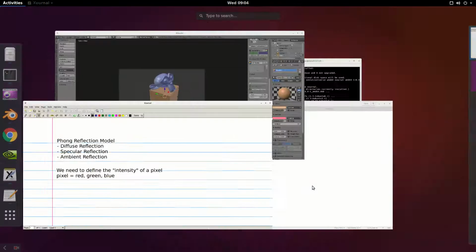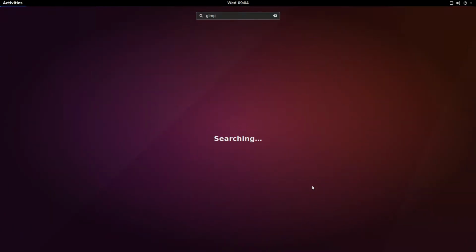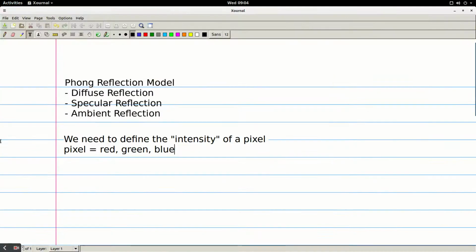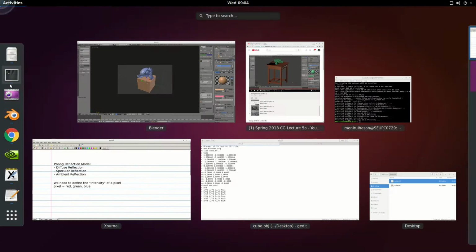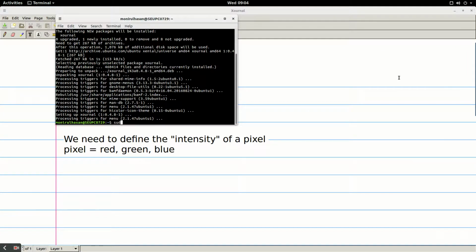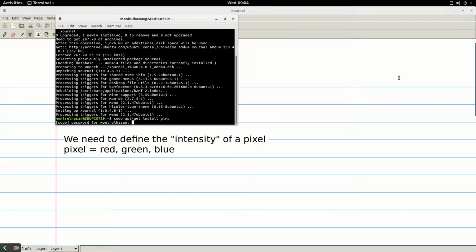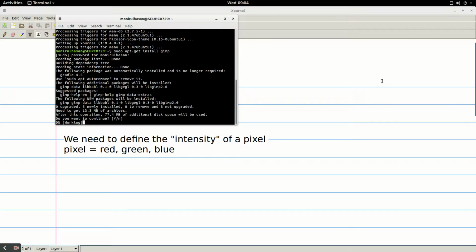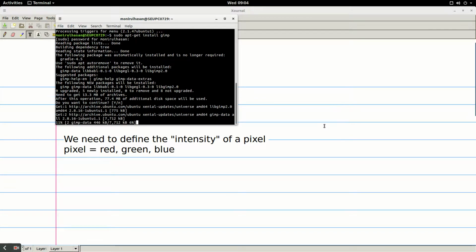And let me show you if I got GIMP installed. I don't. Shouldn't take too much time.